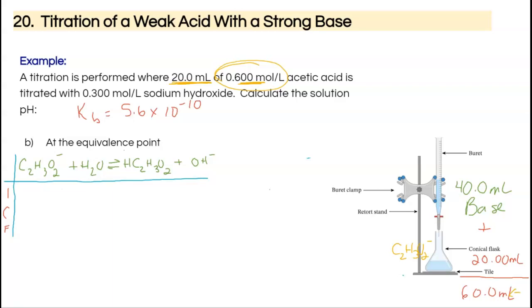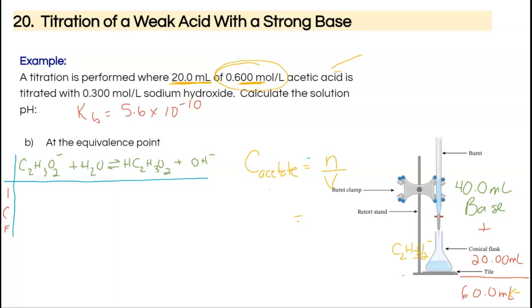I know that the concentration of my acetate is going to be equal to the number of moles of acetate divided by the total volume. The number of moles of acetate is going to be equal to the moles of my acid, because remember that the equilibrium for that acetic acid got pushed and pushed and pushed, so that we saw all of the acetic acid dissociate as the base was added.